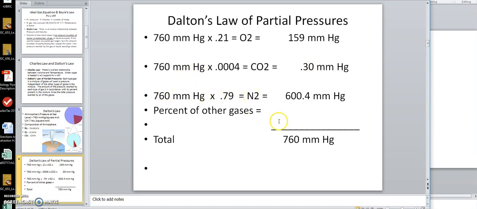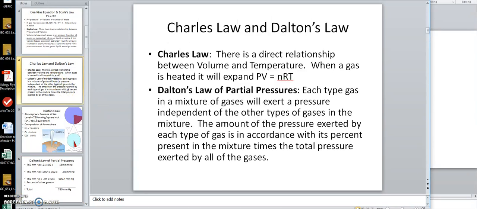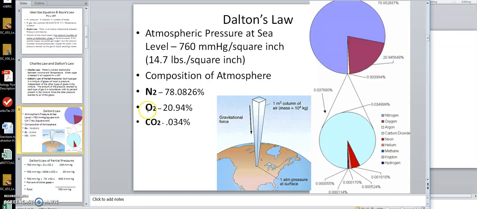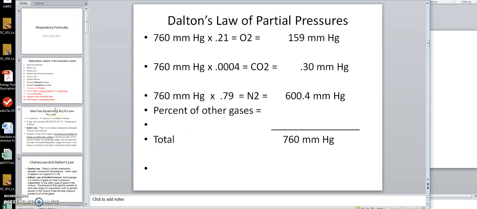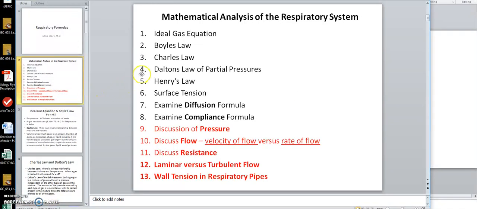You see what I'm saying? So in other words, all we did was to take the total pressure, find out what the percent present is, and multiply, and then we would get what we call the partial pressure. So in the atmosphere, this would be the partial pressure of oxygen, the partial pressure of CO2, and the partial pressure of nitrogen. Okay? That's Dalton's law of partial pressures.